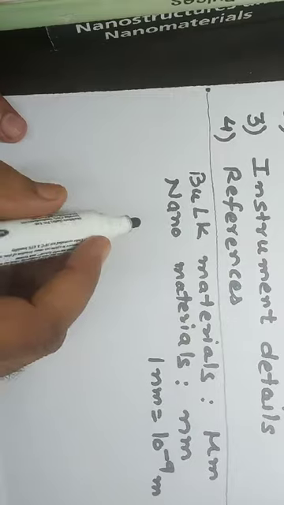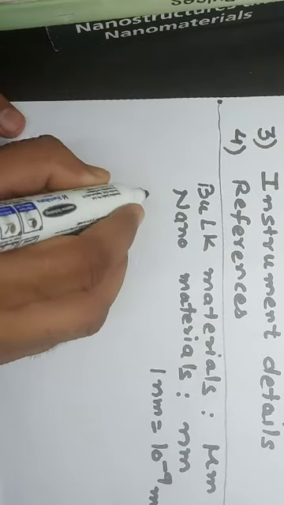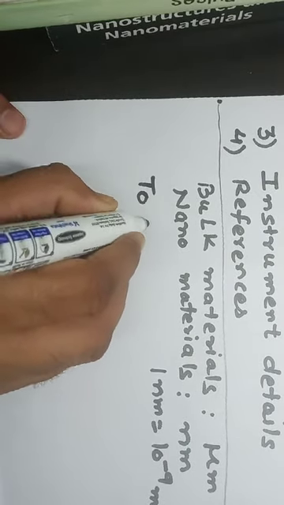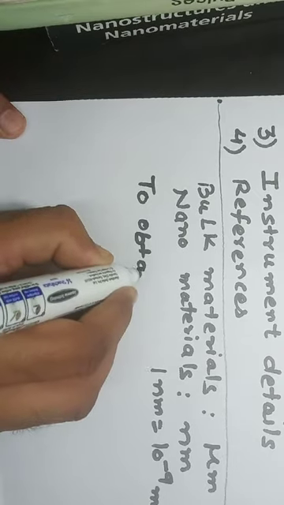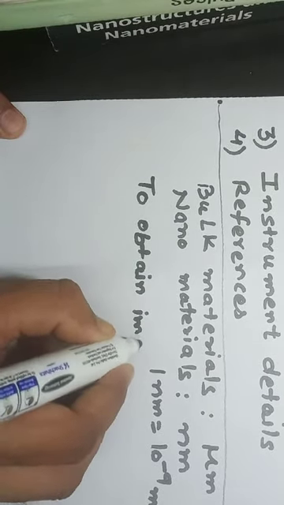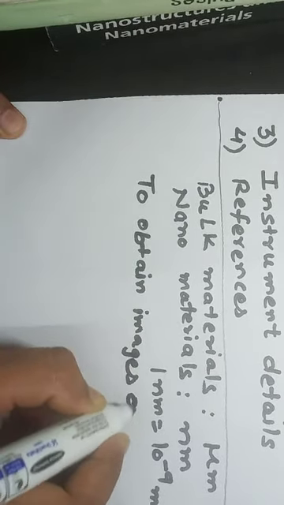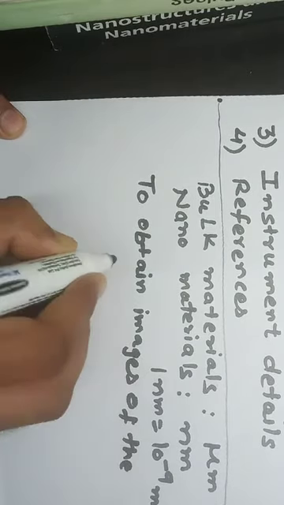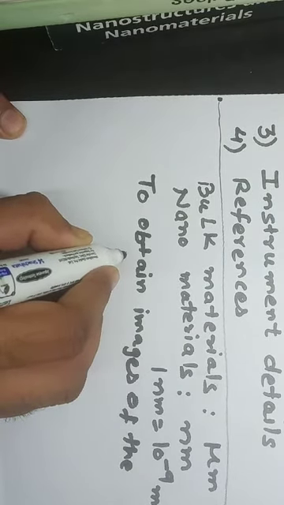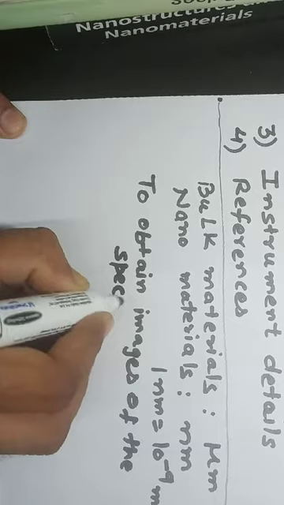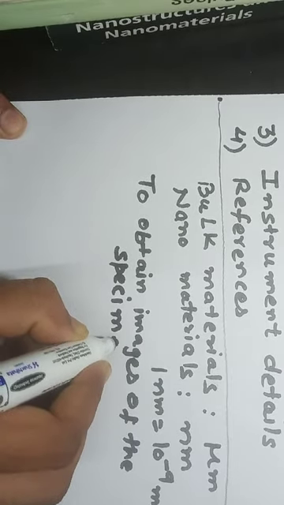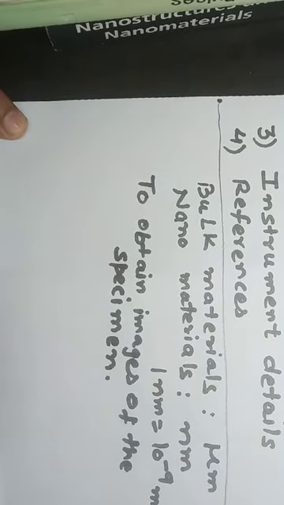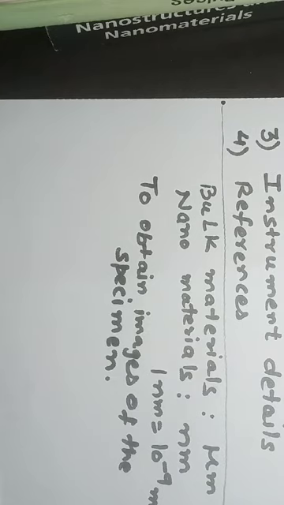So why do we need to image? To obtain images of the specimen. And specimen means that we are talking about bulk or nanomaterials in this case.